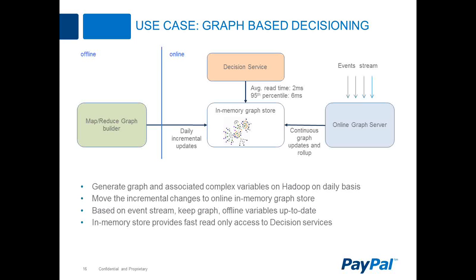So you can build them offline, bring them to online, and when you bring them into the online data store, as events are flowing into your system, you do incremental updates. Meaning if your graph was updated last midnight, then you apply all the events that happened since midnight till now to bring the graph up to date. At the same time, you could also be computing aggregations around your graph. And your reader applications can access this data really fast.